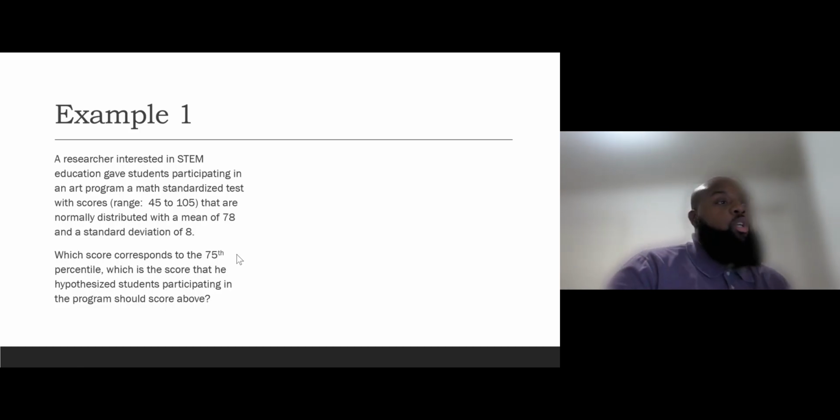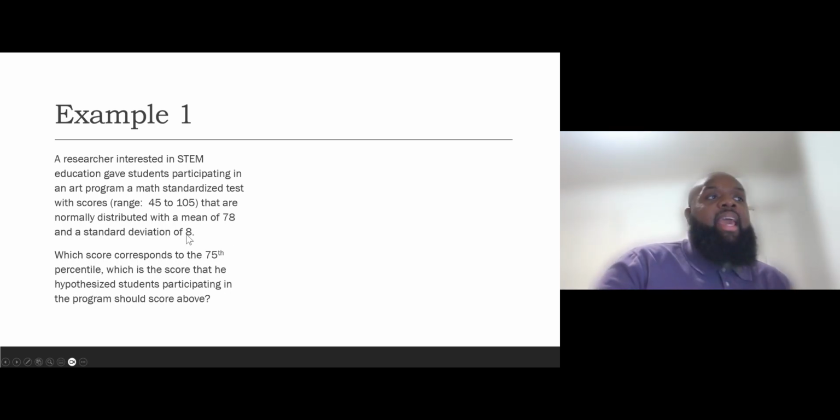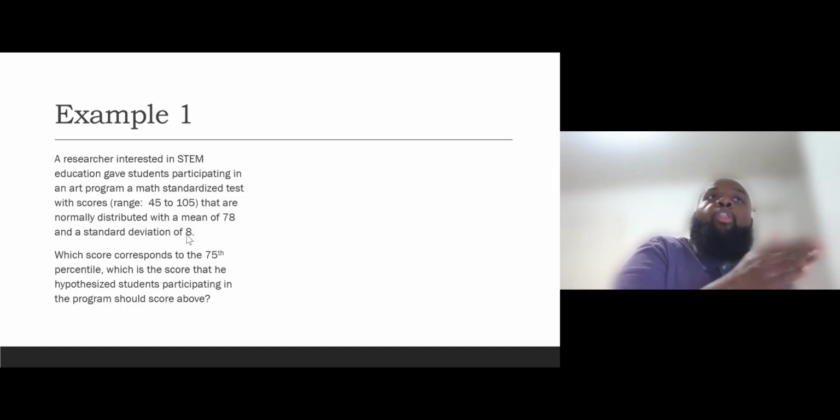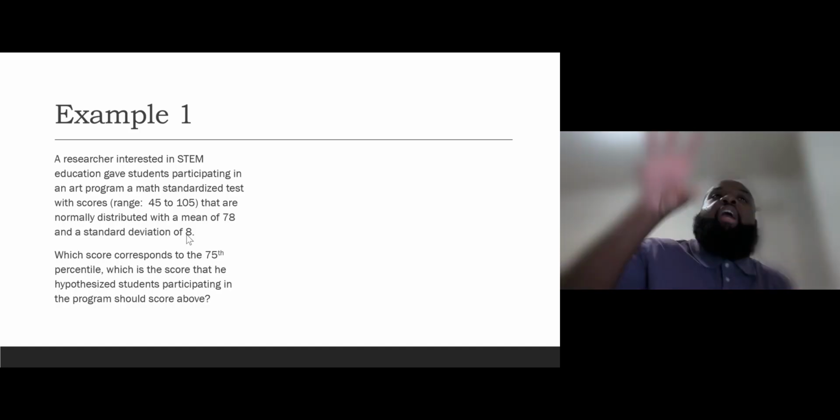So we want to know what score corresponds to the 75th percentile. Well, the 75th percentile on this normal distribution is the area under the curve from the lower tail all the way up until the total area under that curve is 0.75, right?